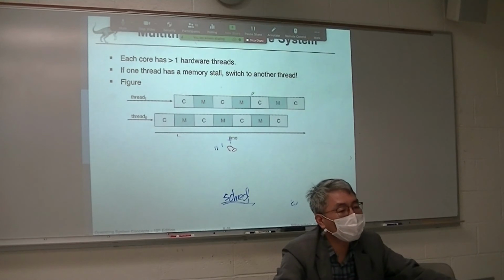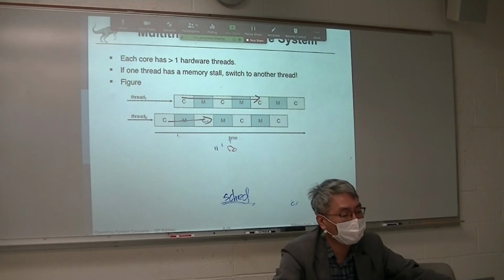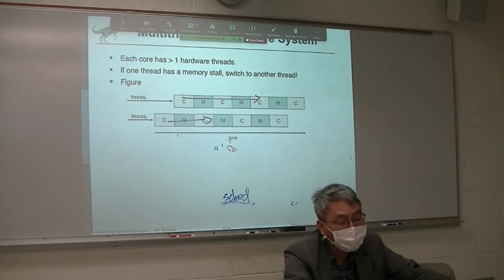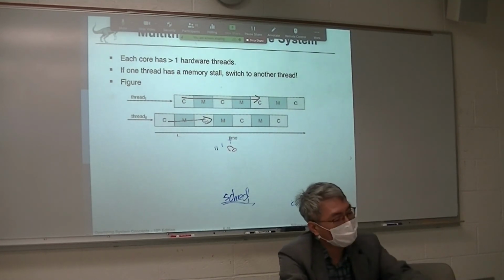And in the multi-threaded, multi-core system, we run a thread on each core, so we can get the best utilization of the CPU.